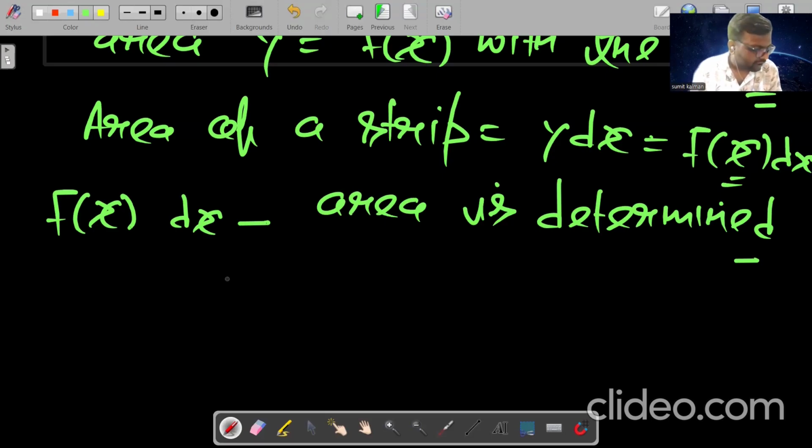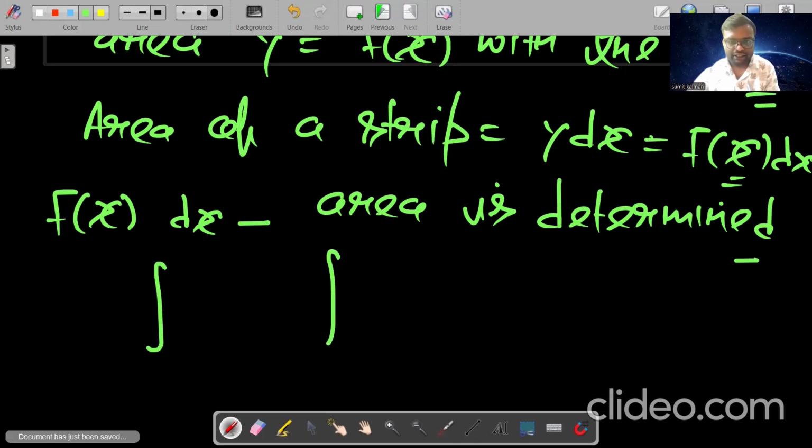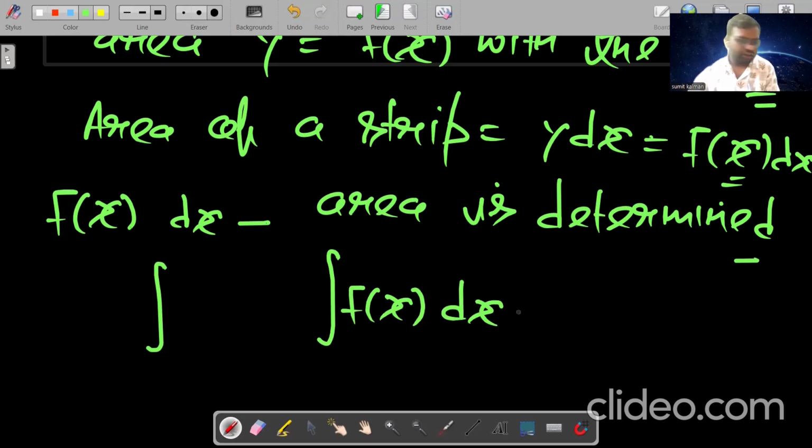Now students, integration is represented by this symbol. This is the symbol of integration. And students, if I am writing under the symbol f(x) dx, it means we have to integrate f(x) with respect to x.